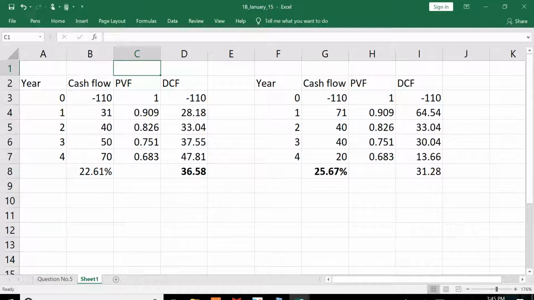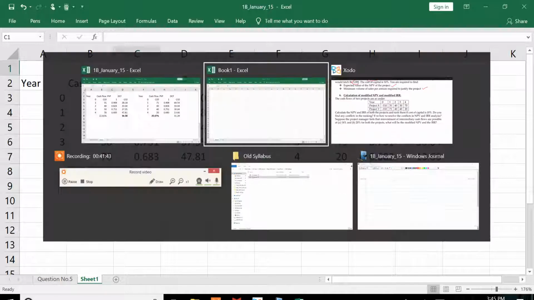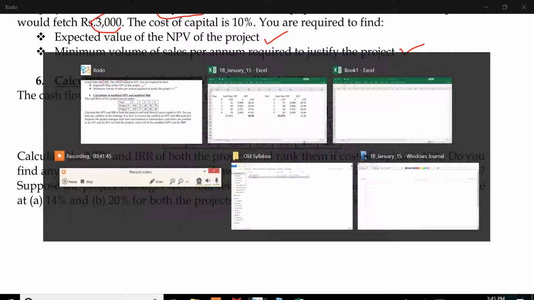Calculate first. Working note 1, calculation of NPV and IRR of project X, or you can even note down the answer directly.